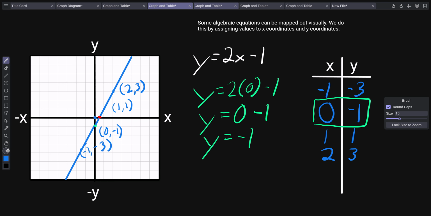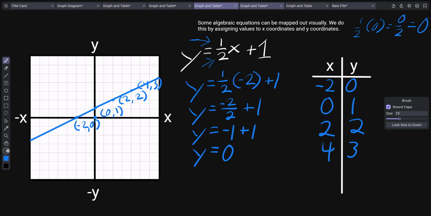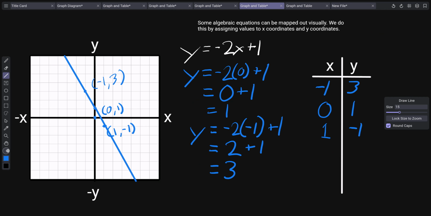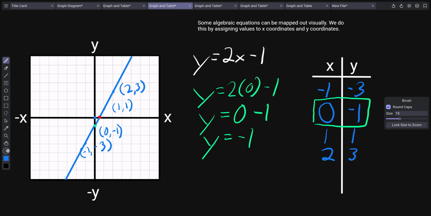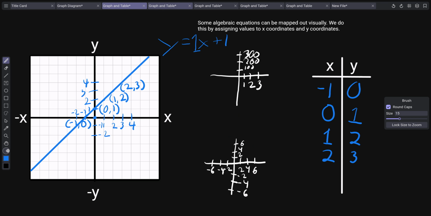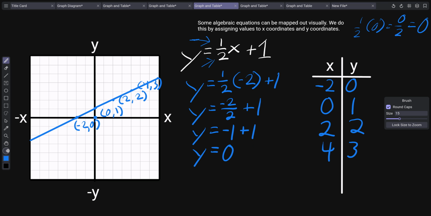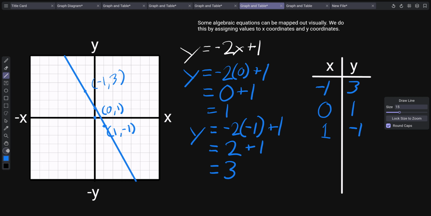But because we used a negative coefficient, now it's going from up to down, from left to right. So depending on whether the coefficient is positive or negative, that is going to affect the trajectory of the line that you draw.